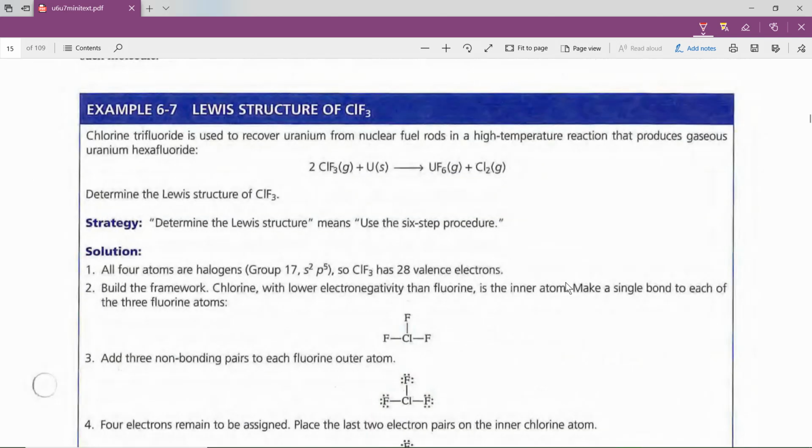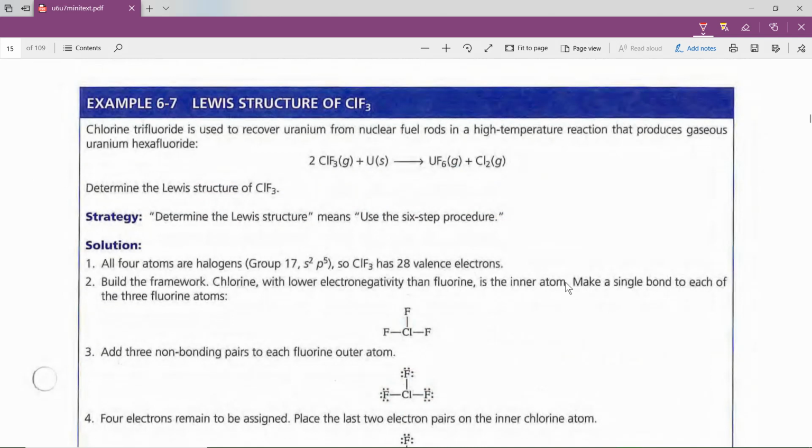So in example 6.7 on page 267, we're going to determine the Lewis structure of ClF3. So I have chlorine. Chlorine's more electronegative, so it goes at the end there.